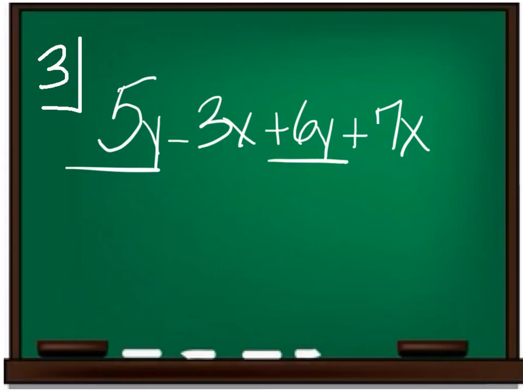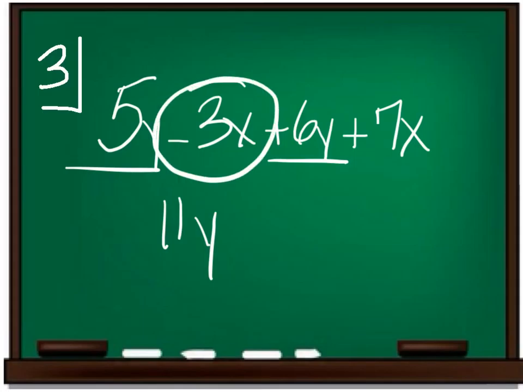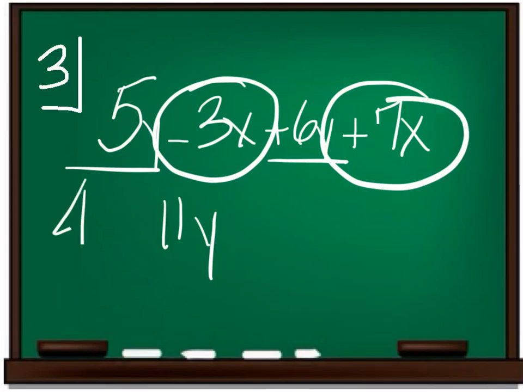Five y plus 6y is 11y, but it does not go first. X's go first, so you should have negative 3x plus 7x to get a 4x. 4x plus 11y.